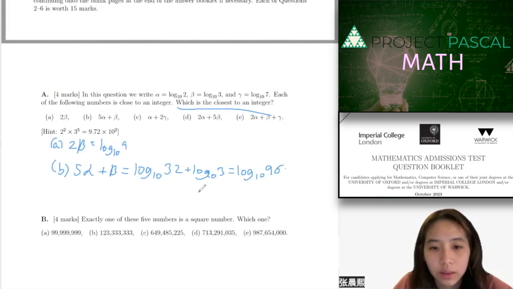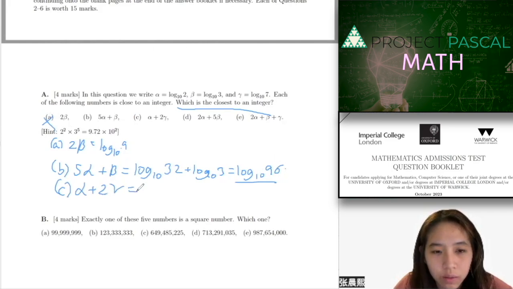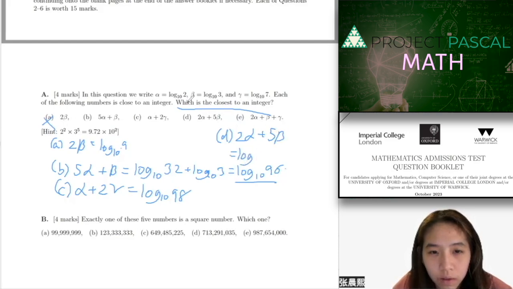And intuitively, you think that this is closer to 100 than this is to 10. So you could check option A, and then C, alpha plus 2, whatever that is, log 10 of 98. And then D, 2 alpha plus 5 beta equals log 10 of 972.